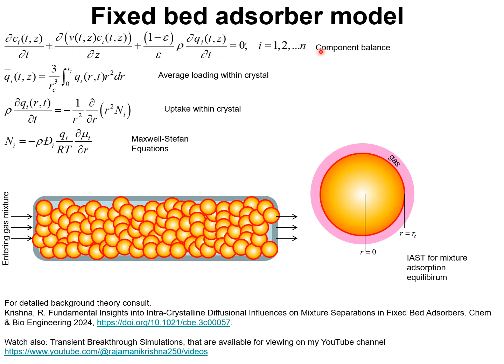This is the component balance, where v is the interstitial gas velocity, z is the distance coordinate along the fixed bed, epsilon is the bed voidage, q super bar is the average loading at any position z and time t in the fixed bed.